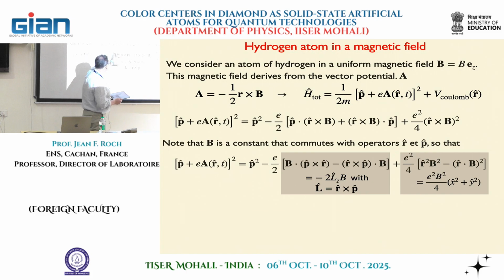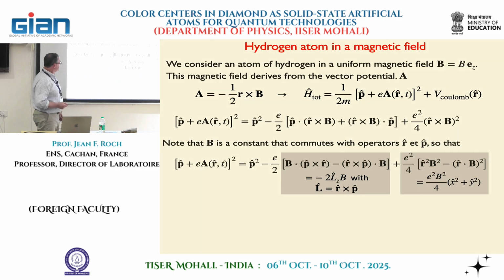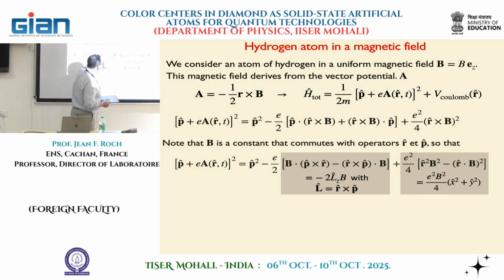Basically, you separate the terms into two components. One of the terms has a very simple expression: it's simply p squared over 2m minus e over 2m, and this 2 will simplify with this one, and you see the product of the operator Lz times the magnetic field. And there is a second term here, which is proportional to B squared. So we have two terms, one proportional to B and one proportional to B squared.